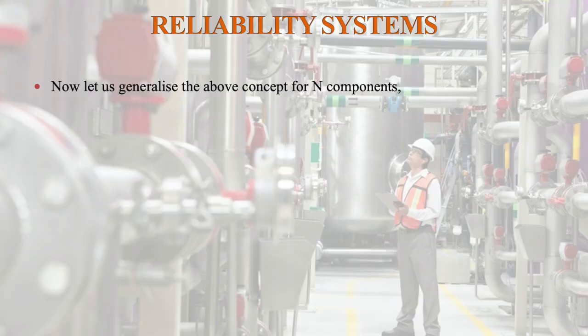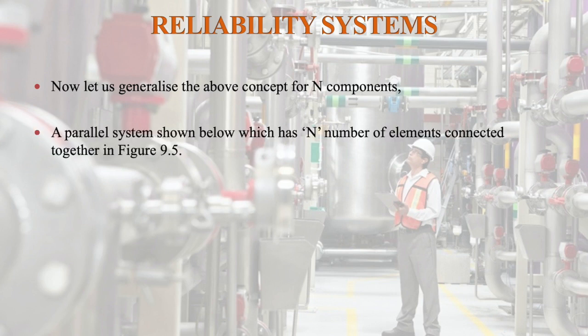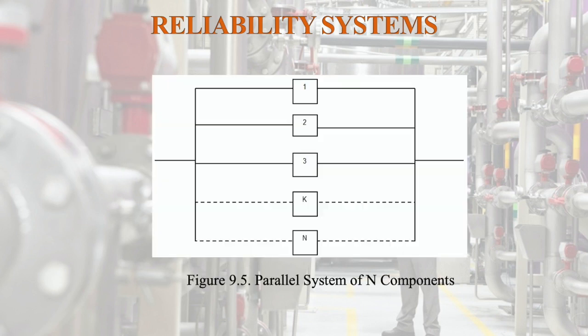So now let us generalize the above concept for n components. A parallel system shown below has n number of elements connected together in figure 9.5. Here 1, 2, 3, k or n, like that number of components are connected in parallel. So this is known as a parallel system of n components.